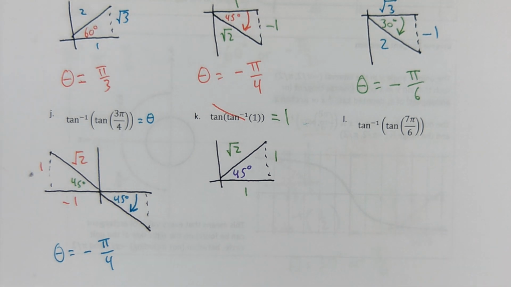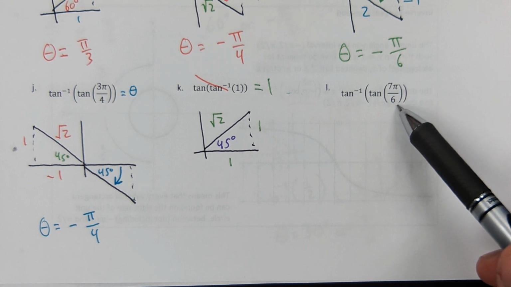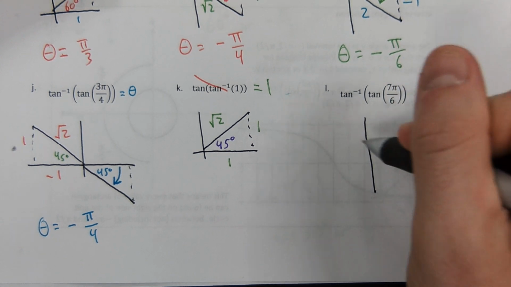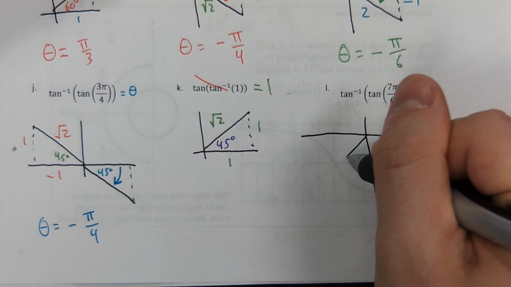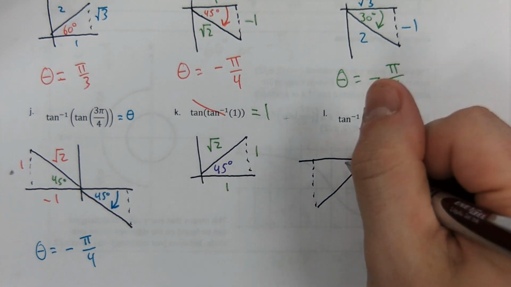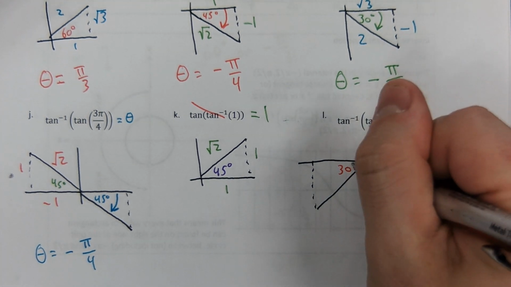And then lastly, what quadrant is that? 3. Does tangent inverse like quadrant 3? Nope. Size of that reference angle, since it's an over 6, 30 degrees. And since tangent inverse doesn't like that angle, where does it go?